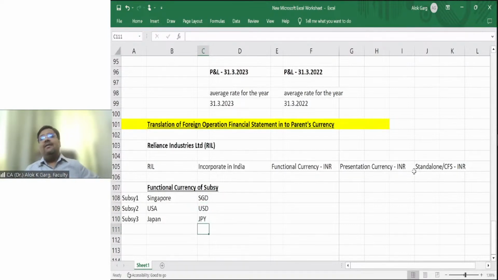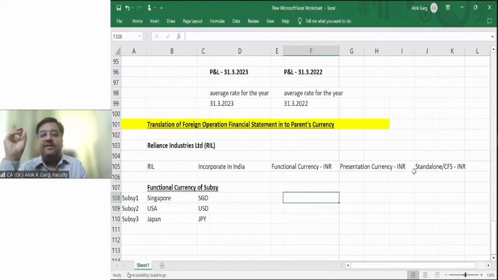And assuming that these subsidiaries are independent subsidiaries, they are managing their financial operations separately, right? They are separate legal entities. They are not an extension or agent of Reliance. So these are the foreign currency subsidiaries. The Singapore entity is a separate legal entity which is maintaining its books of accounts, filing its results, preparing its financial statement in Singapore dollar. Same with USA and same with Japan, right?